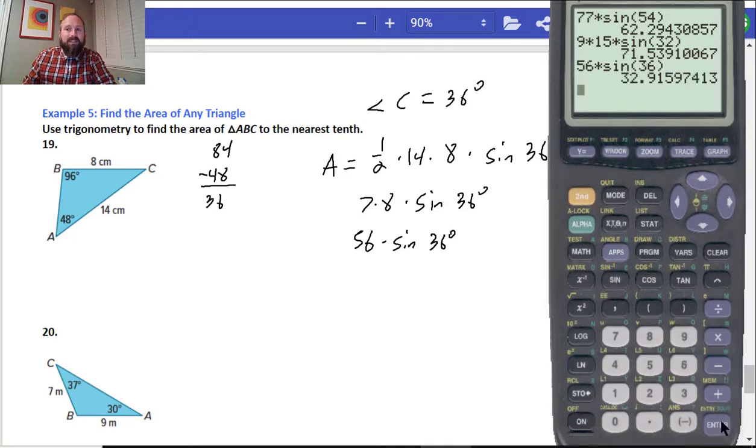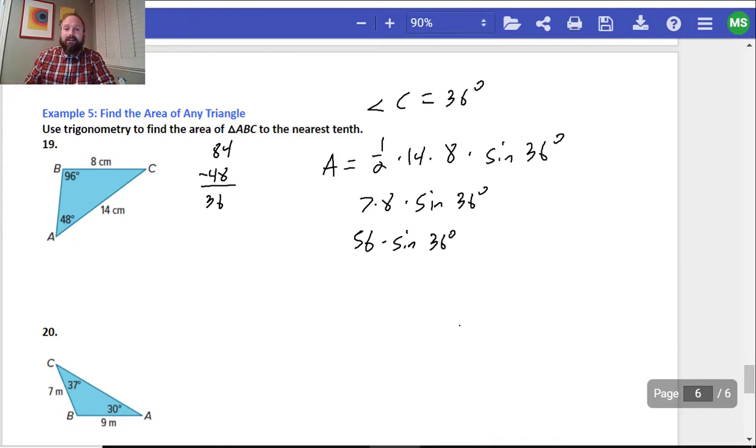And that gives me the area is 32 point, wait, to the nearest tenth, round up, 32.9. So I write it in. The area is equal to 32.9 units squared.